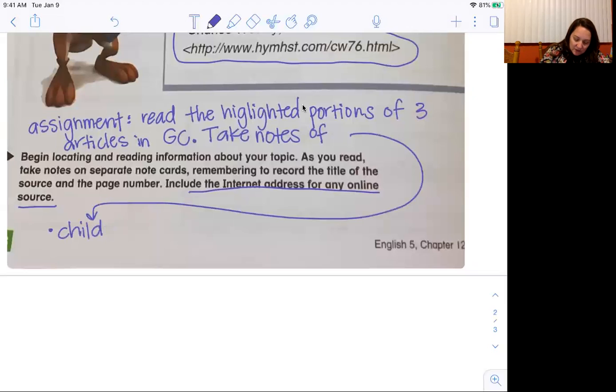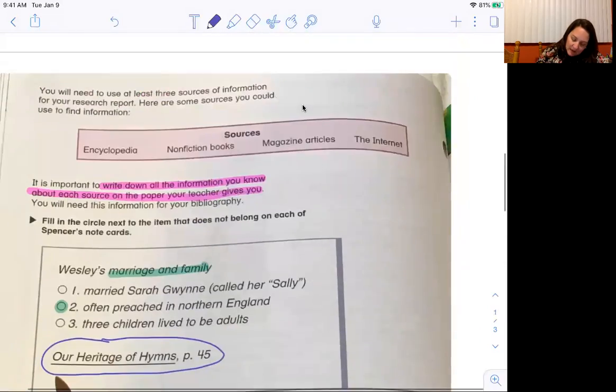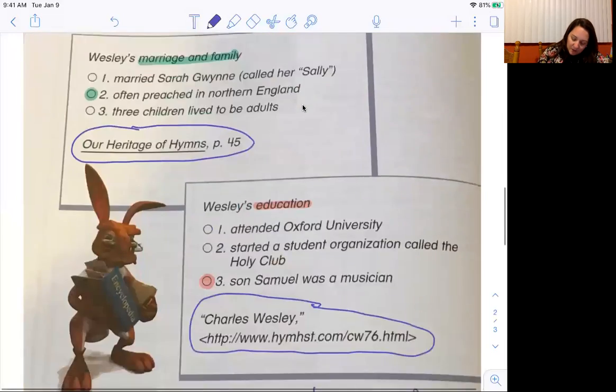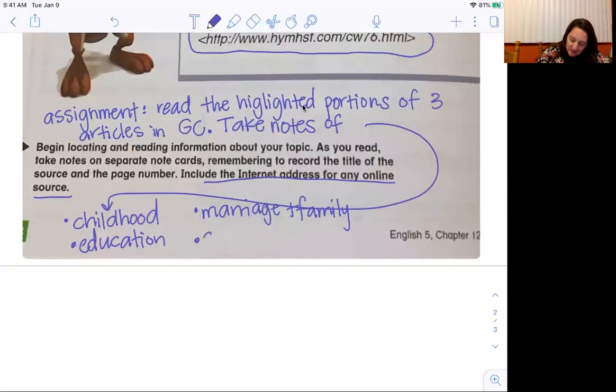Childhood, education, marriage and family, okay, what's for our last 2? Our last 2 are salvation experience and accomplishments. Salvation experience, and the last one's accomplishments.